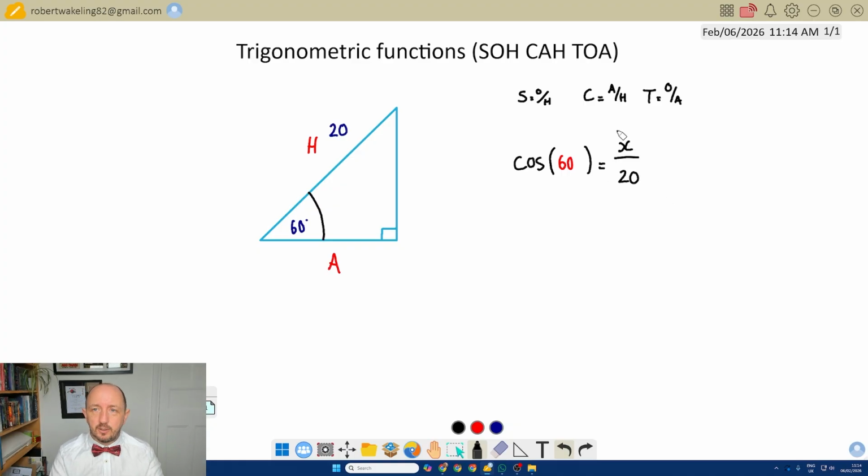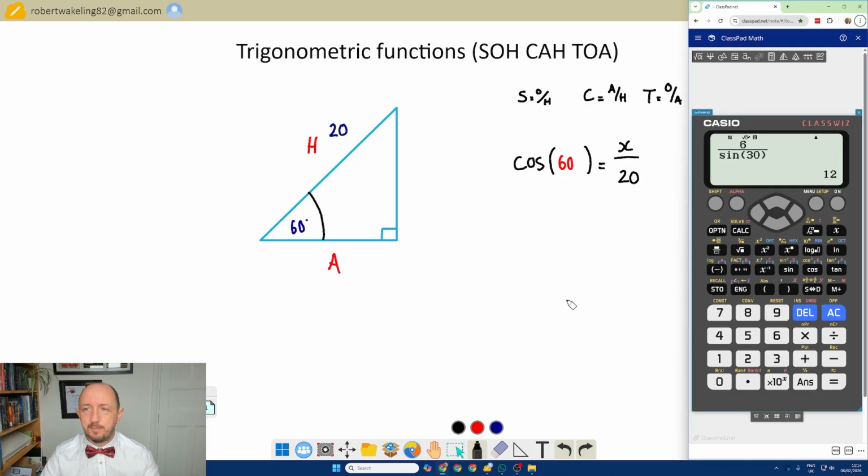So I use this little A, instead of CAH, and I put the equals and the A divided by H. It's always the second divided by the third letter to help me with my first line of working, because then I can go here, cos 60 equals x over 20.